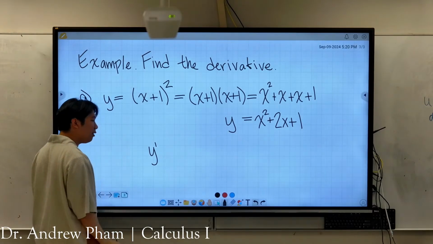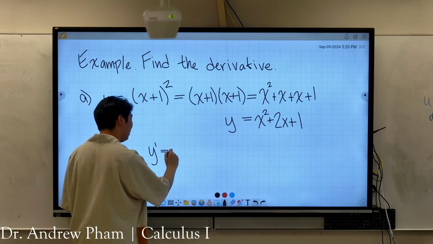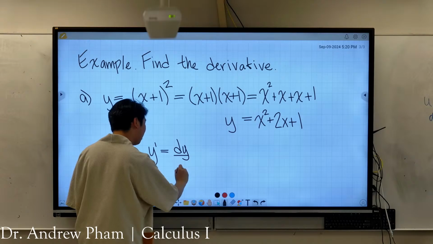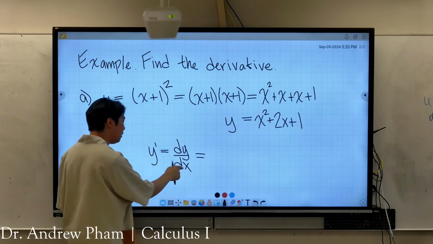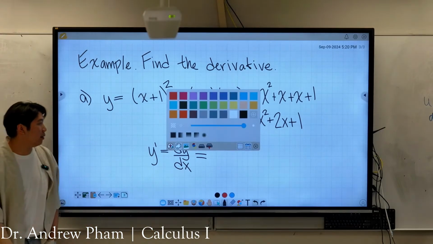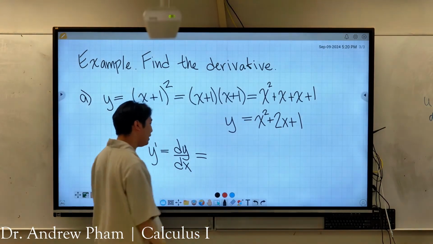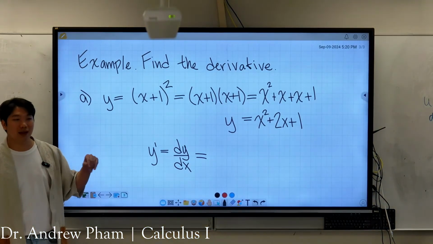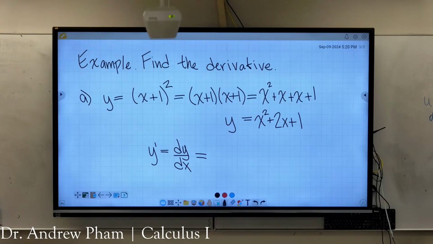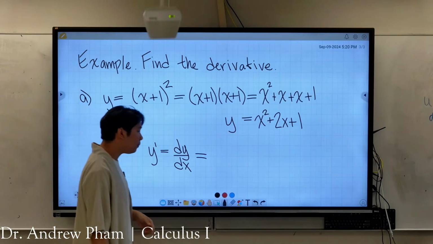Or remember the other option is you can use dy/dx. Again, these mean the same thing, just depending on the book. If any of y'all are taking differential equations, you will definitely see a lot of dy/dx in the future. You don't have to write both of them. I'm just writing both of them to say it's either option. They're both a standard notation.